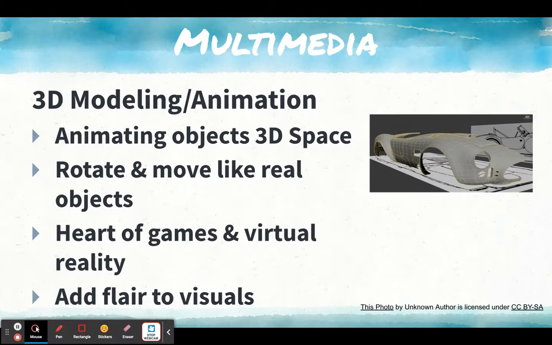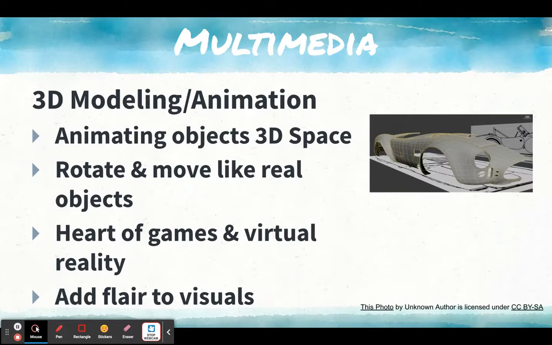3D modeling and animation means animating objects in 3D space. It rotates and moves like real objects. So if you see that card on the right-hand side, you can move it around 360 degrees to see the inside, or maybe see the bottom. So it's wonderful to be able to work with this and actually see objects like this and print them.